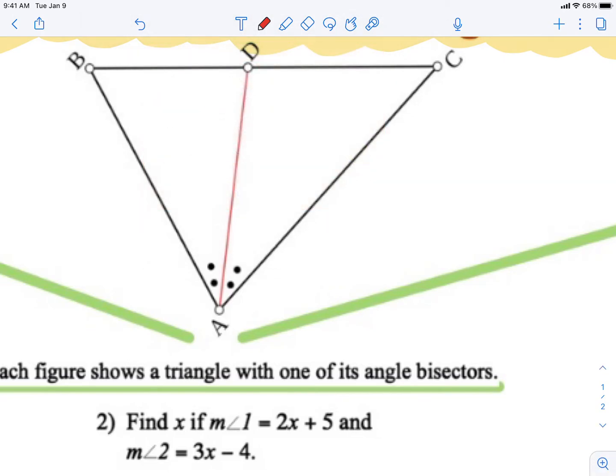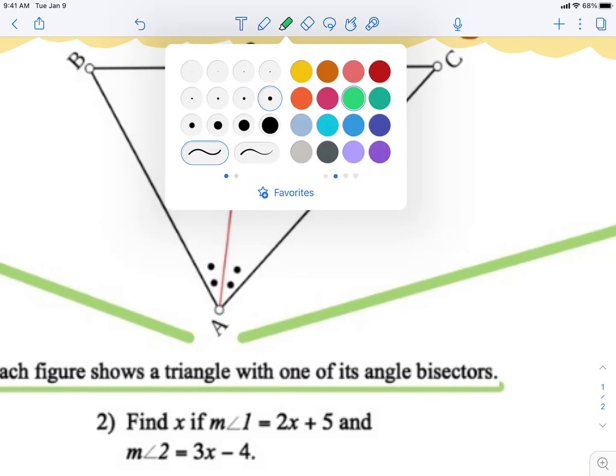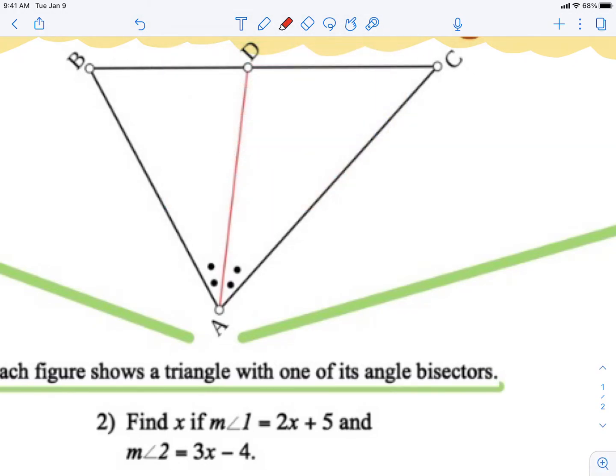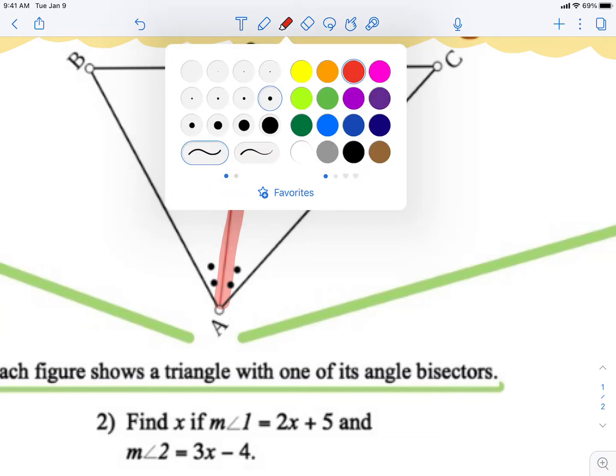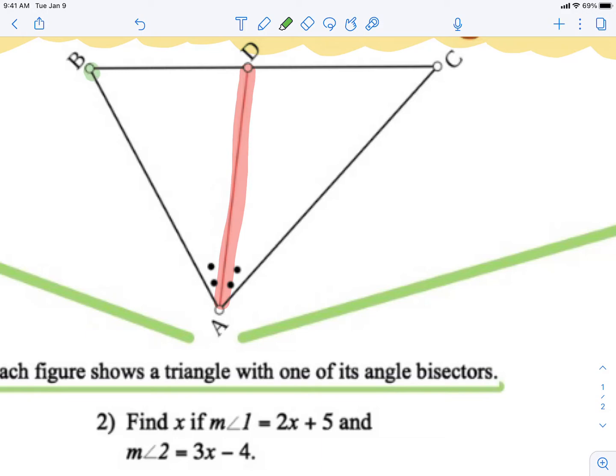So this segment DA cut angle BAC in half, and it created two angles.